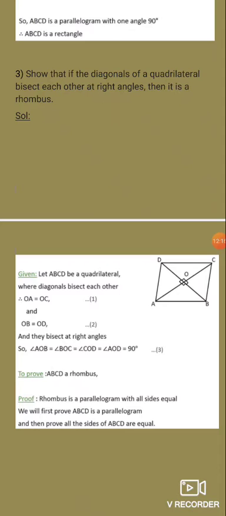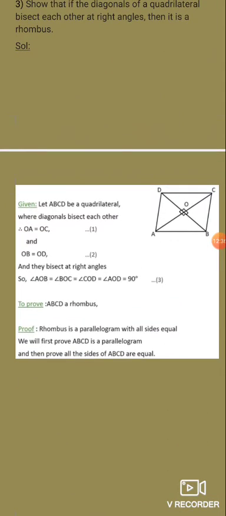Let ABCD be a quadrilateral where diagonals bisect each other. Then OA is equal to OC, equation number 1, and OB equal to OD, since the diagonals bisect each other. And they bisect at right angles, so given, angle AOB is equal to angle BOC equal to angle COD equal to angle AOD, 90 degrees.